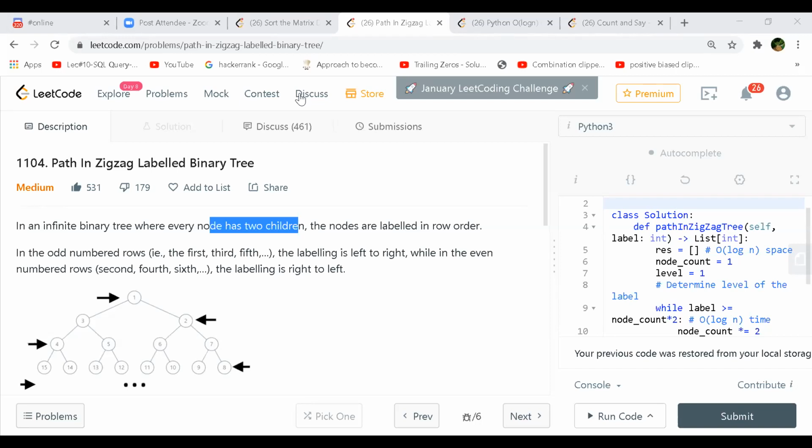If we convert 14 into binary, we will see where the last MSB is. From there, we will find the level.